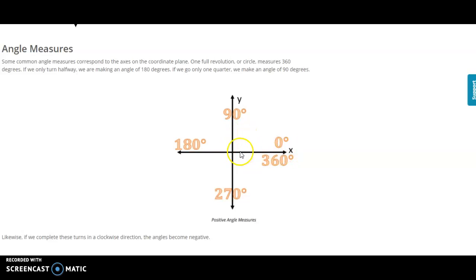A 0-degree angle would be one in which the angle doesn't open up at all from the initial side, and a 360-degree angle is one where it rotates around exactly once and ends in the starting position. So these two angles look the same, but one is 0 degrees and one is 360 degrees. Angles that have the same ending point or terminal side are what we call coterminal.